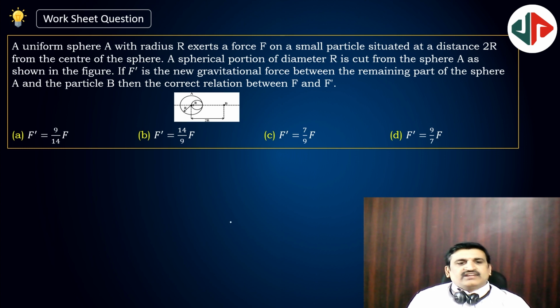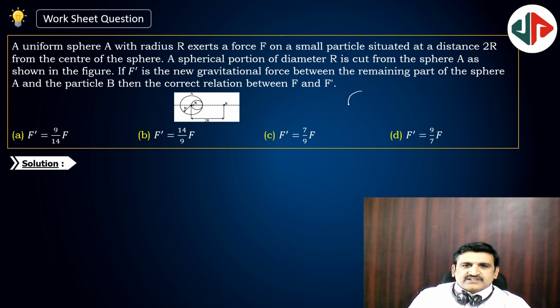We'll do like this. First of all, this is a whole sphere. The whole sphere's field at a distance 2r, its mass suppose say M, I can call it as total field.